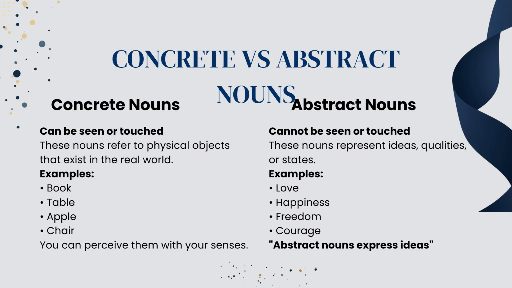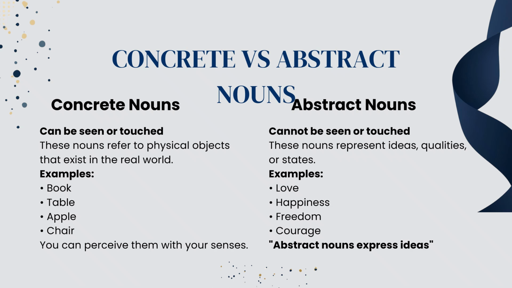Concrete versus abstract nouns. Now this is interesting. Concrete nouns, things you can see, touch, feel. Example: table, phone, car. Abstract nouns, things you cannot see.